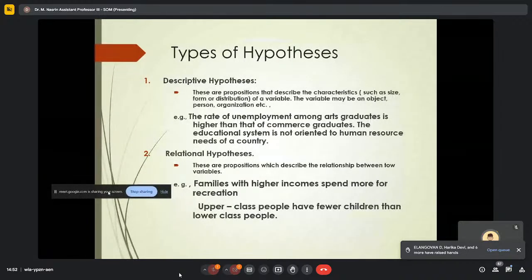Again, I need to obtain data from people in the higher income and lower income groups. Then I need to find out how many of them are going for recreation and how many are not, and I can apply a correlation test here. I will confirm with the data along with the results. Then I will prove that families with any income or lower income can also go for recreation. Like that, I will confirm. I will reject this particular hypothesis.